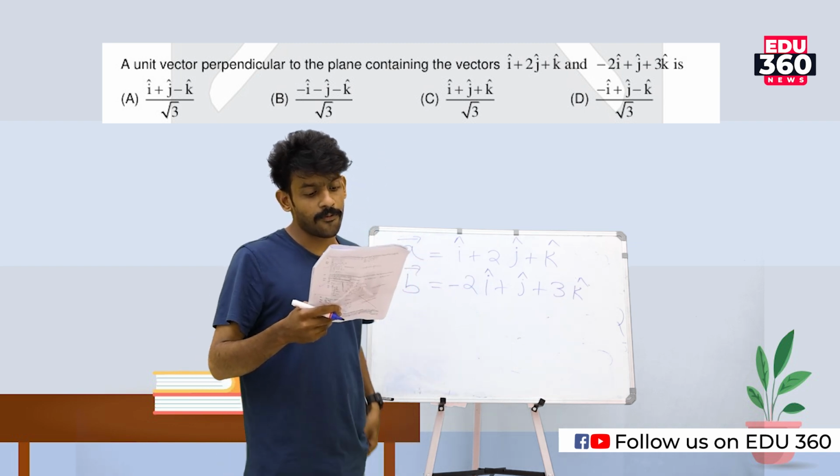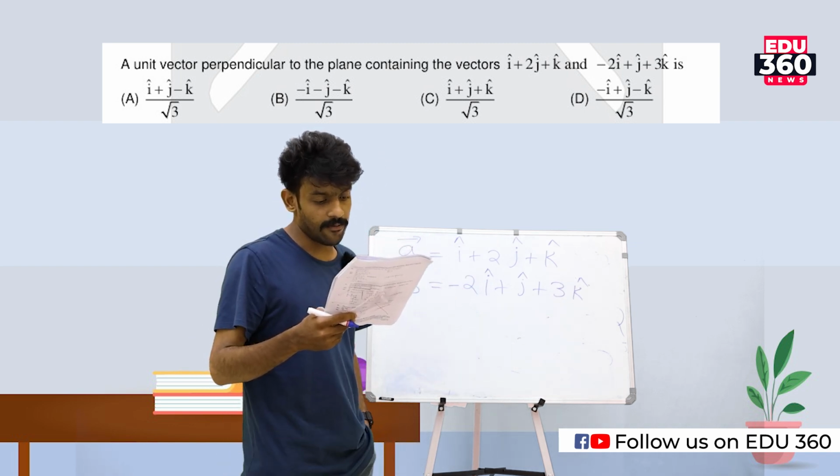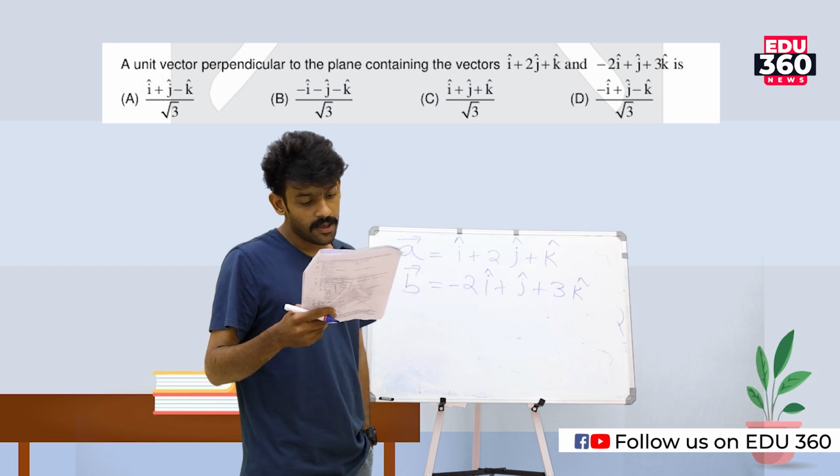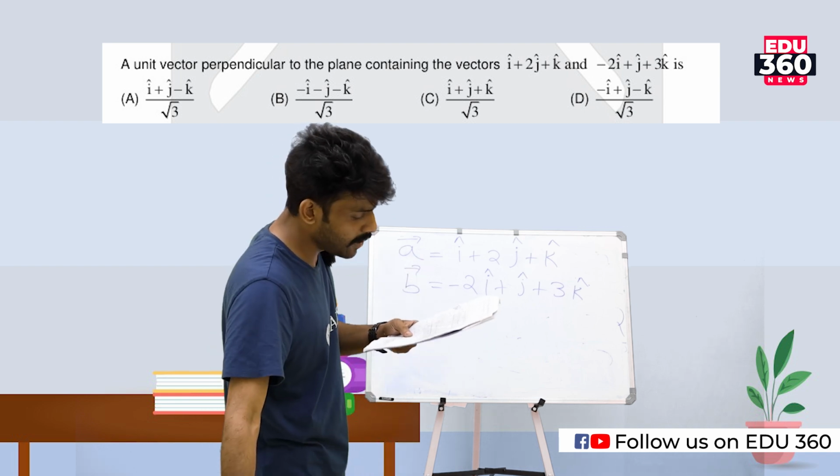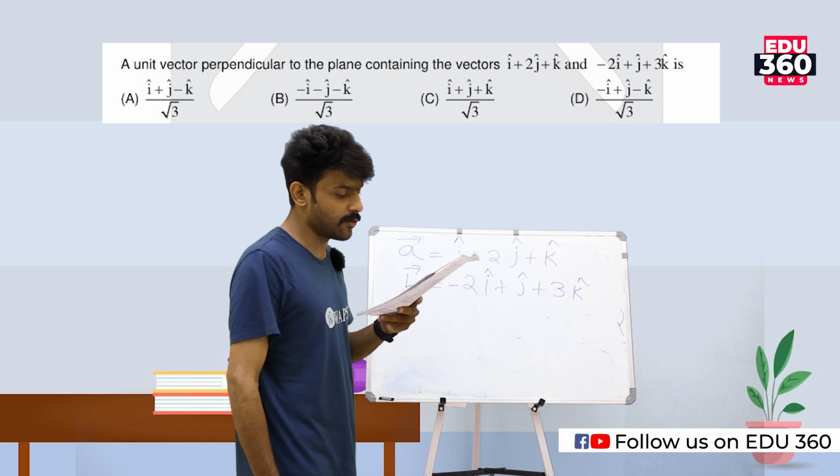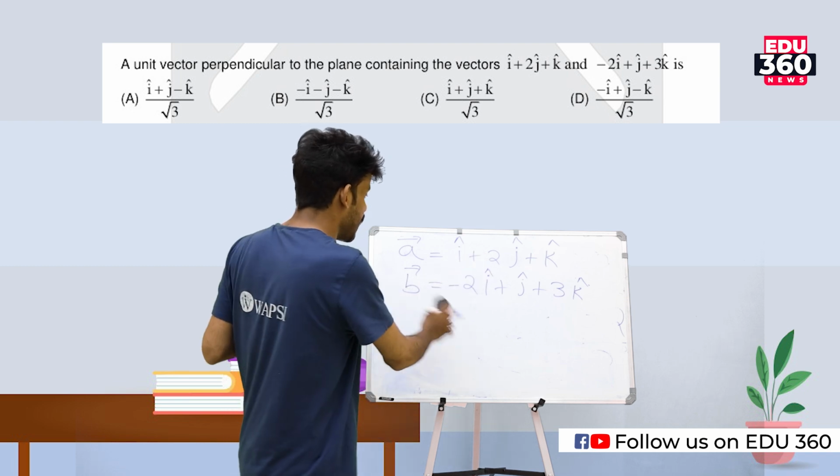So in this question we need to find a unit vector. What is a unit vector? Here we need to find a unit vector perpendicular to the plane containing the vectors, and the two vectors A and B are here.